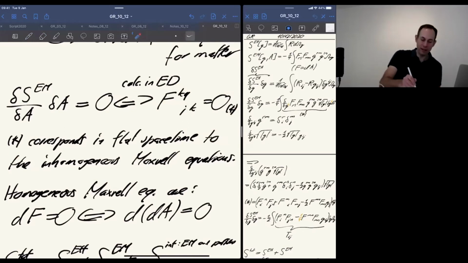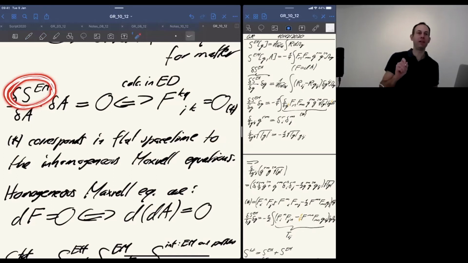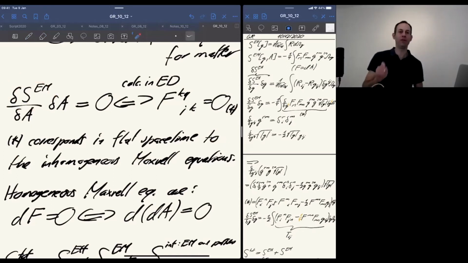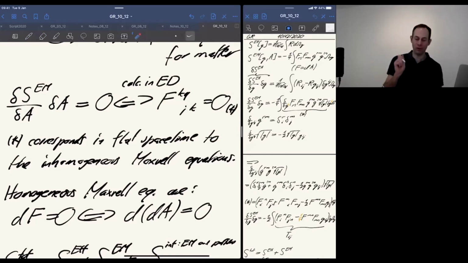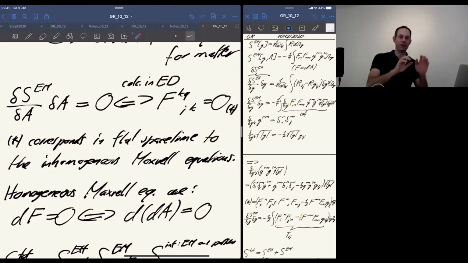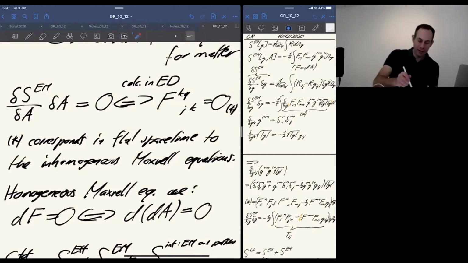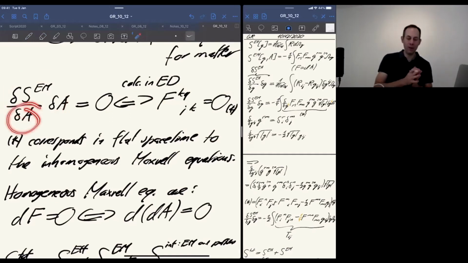Taking the derivative with respect to g gave us the direction of how the electromagnetic field influences the geometry. It was coming from the field as matter, how it curves spacetime. This derivative with respect to A gives you the other direction. It tells you, now that we have geometry, how, for example, light rays move.